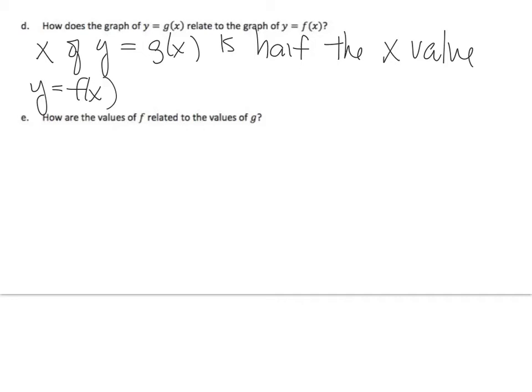How are the values of f related to the values of g? So the outputs. Find the outputs of f and g.